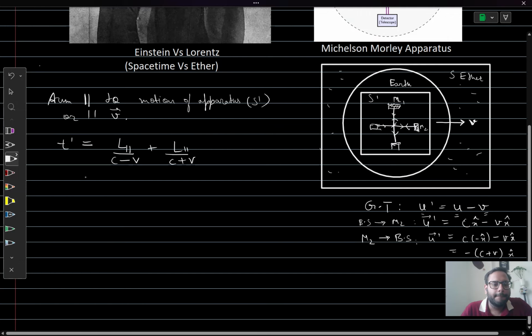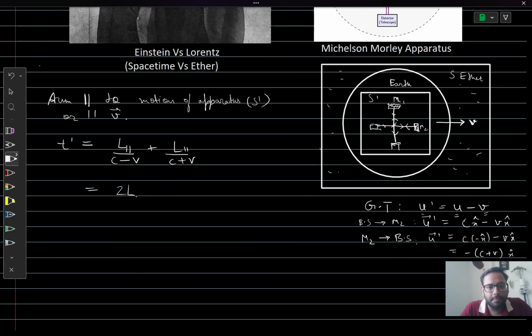Now, this can be reframed like this when you take the LCM.